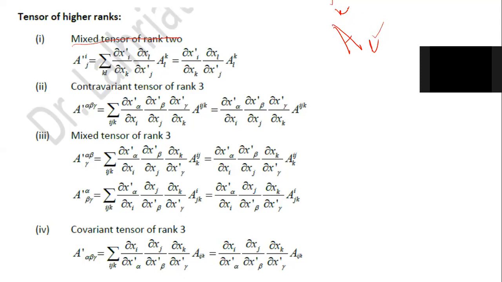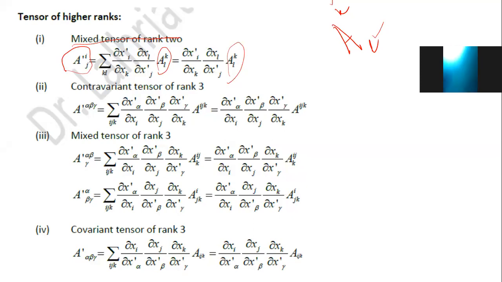Now, here itself, you see that in A^k_L, k is the contravariant index, L is the covariant index. So that shows that this is a mixed tensor of rank 2. Now, we can propose the corresponding quantity as measured in the prime coordinate system as A prime ij. Here, i is the contravariant index, j is the covariant index.